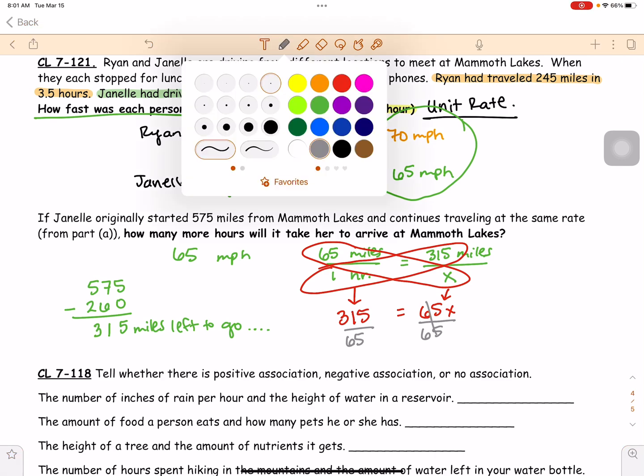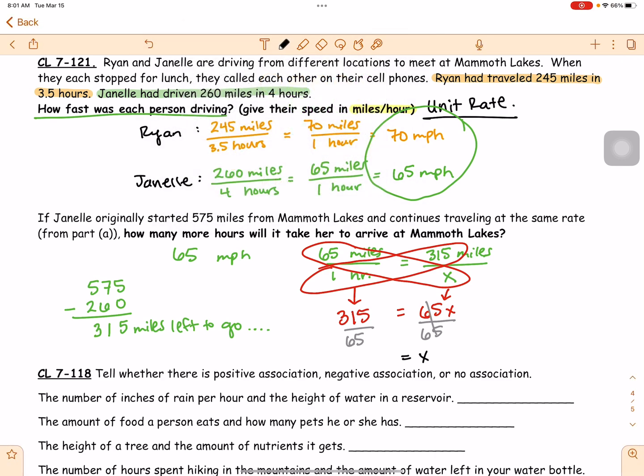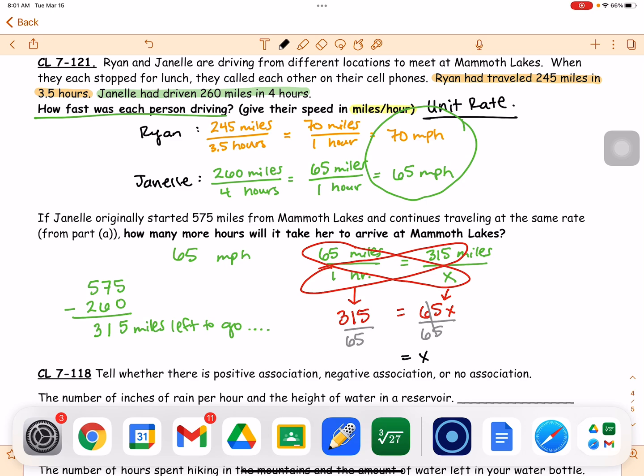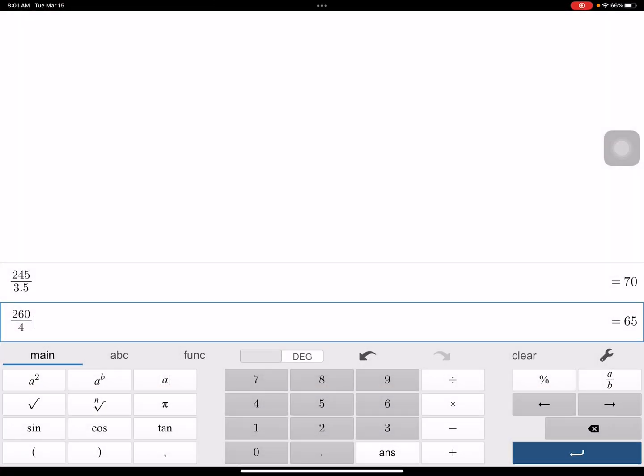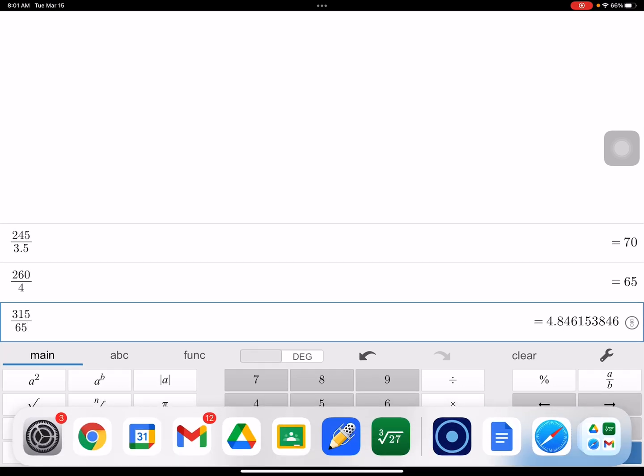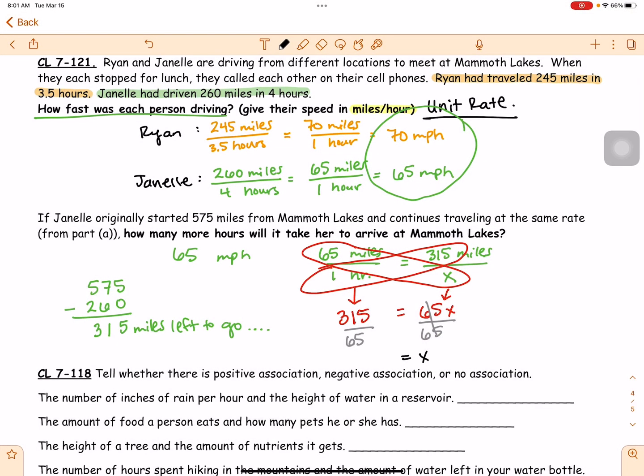So we get x equals 315 divided by 65. It's about 4.85 hours. 4.85 hours left. Put a little squiggly because it's about that much, okay?